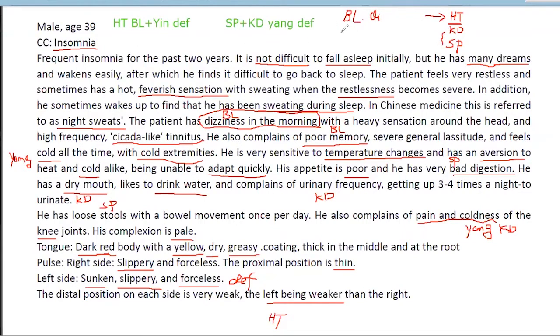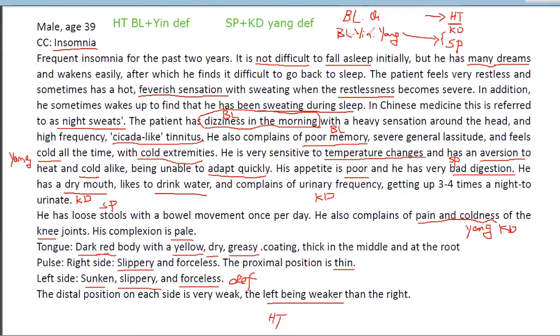Then we talk about this patient having blood deficiency, yin deficiency, and yang deficiency. Certainly yang deficiency is mainly related to kidney and spleen.